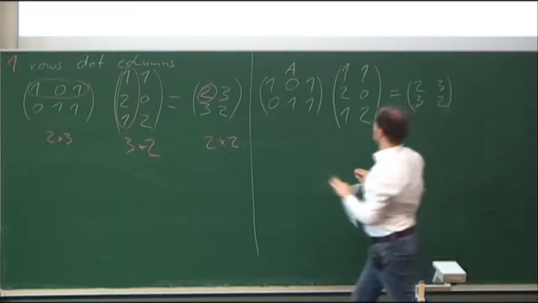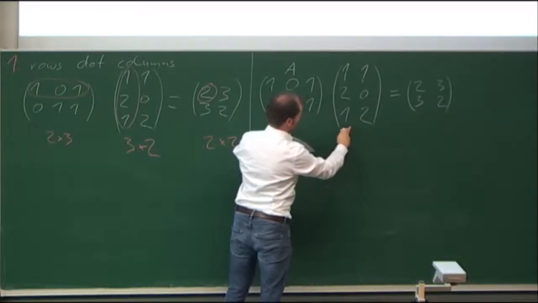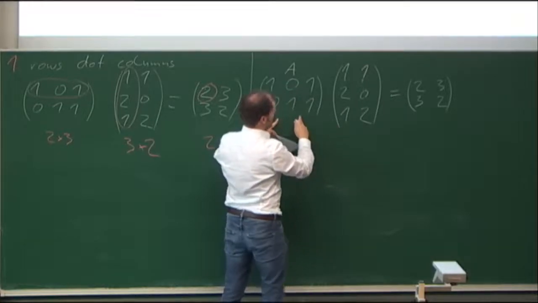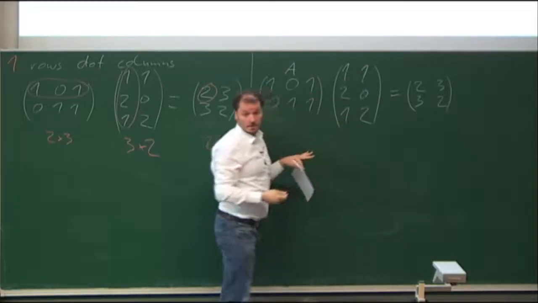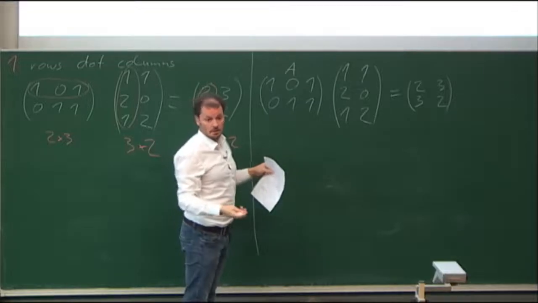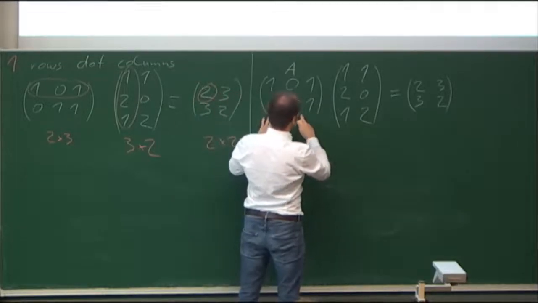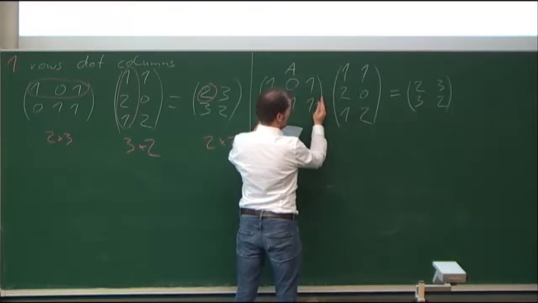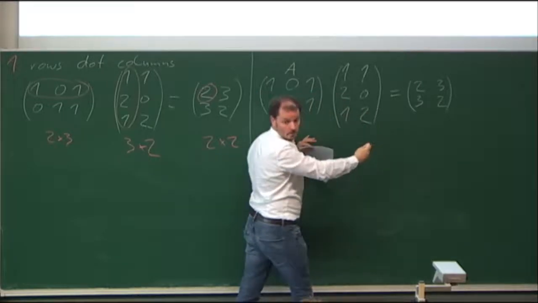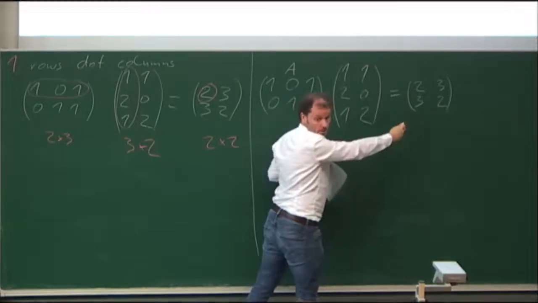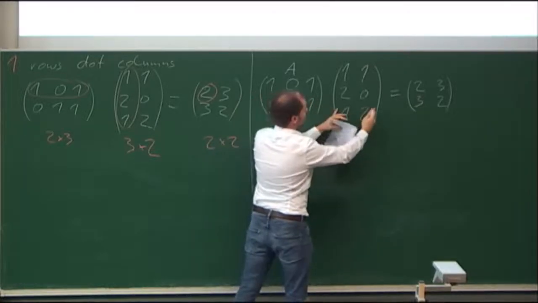So here you view the matrix multiplication as a series of matrix vector multiplications. And it's like a batch operation. If you want to multiply this matrix with many vectors at one time, you just put all the vectors into the columns of this matrix, and then you multiply the two matrices.